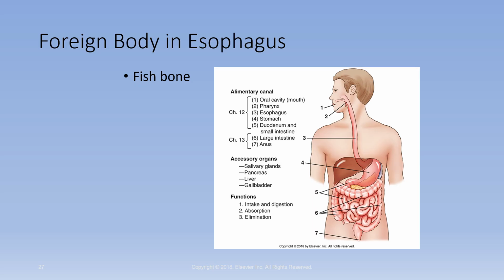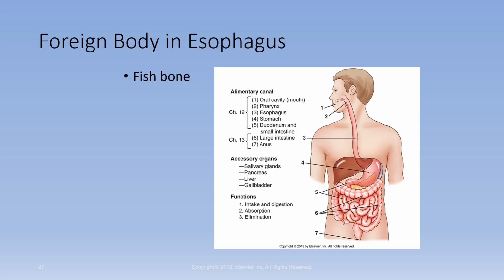I've also seen where they take mini marshmallows and soak those in barium and then have the patient swallow a mini marshmallow, and that would kind of outline where in the esophagus that foreign body could be.